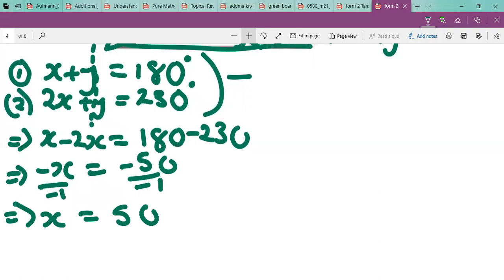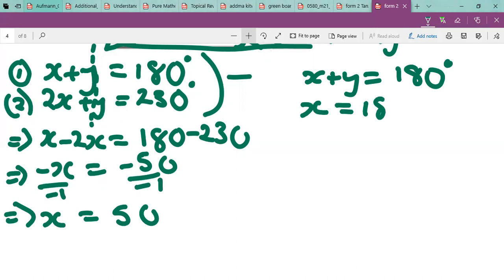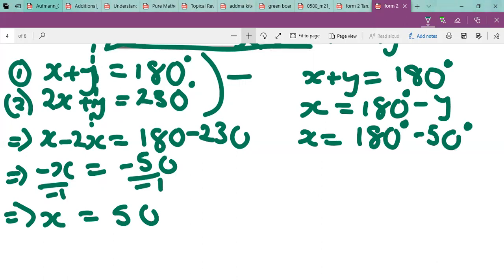To get y, we use either equation 1 or equation 2. So we say x plus y is equal to 180 degrees, but x is 50, meaning that y is equal to 180 minus x, and y is equal to 180 minus 50 degrees, and our y is equal to 130 degrees.